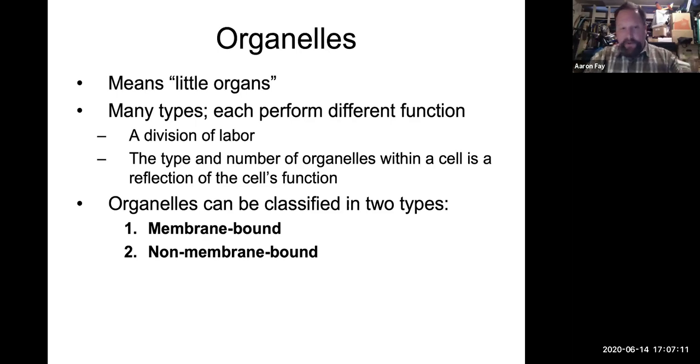Two basic divisions of organelles. We have membrane-bound organelles and non-membrane-bound organelles. So what we mean by membrane-bound is it has another cellular membrane. So it's got a very similar structure to what we saw: a cell membrane, a phospholipid bilayer.